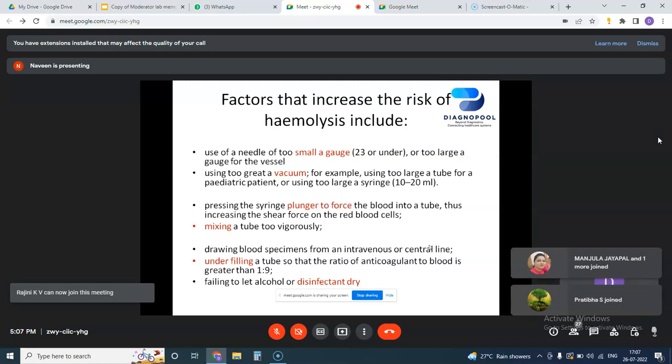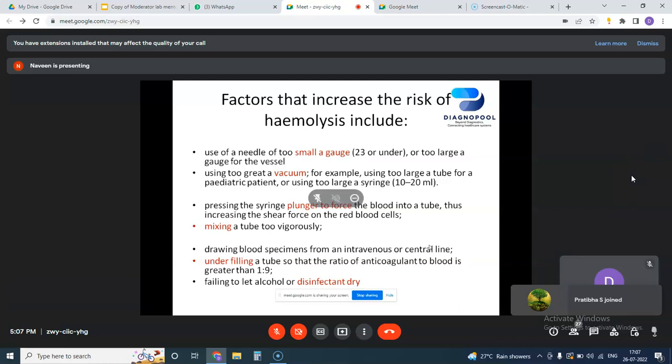And the other, overfilling of the sample leads to an increased ratio of anticoagulants. That also leads to hemolysis. So anticoagulant exposure and alcohol exposure can lead to hemolysis. So remember, the causes of hemolysis: those related to the needle and the size of the syringe, those related to exposure of the blood to chemicals like alcohol and the anticoagulants, and increased force on the blood.